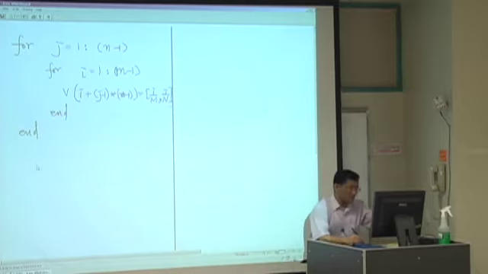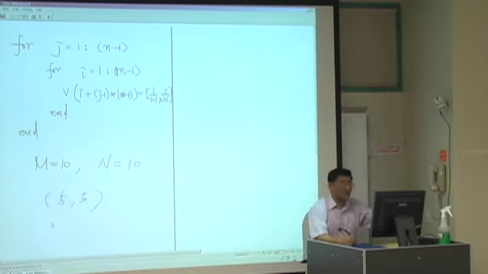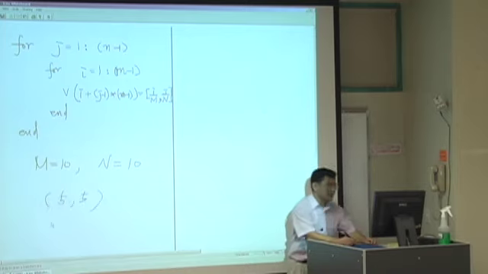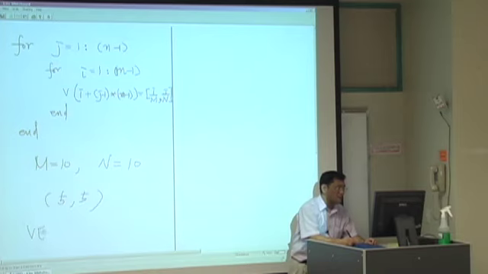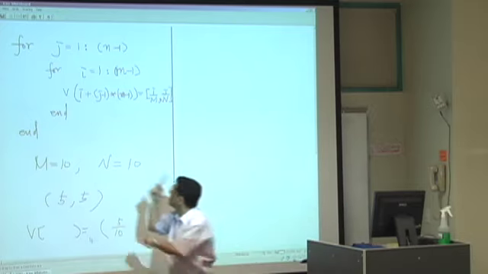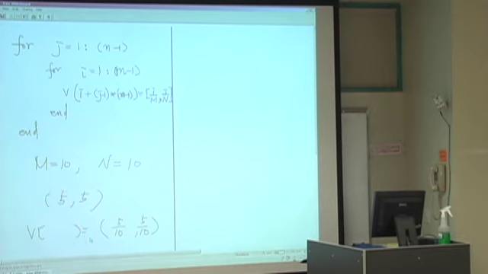Let's just say m is equal to 10, n is equal to 10. Then, what is 5, 5? Can you find 5, 5? Vertex of something equals 5 over 10 and 5 over 10. So can you find the matching vertex using this formula? When I is 5, j is 5, what is it?